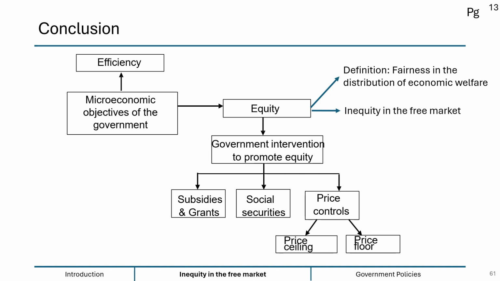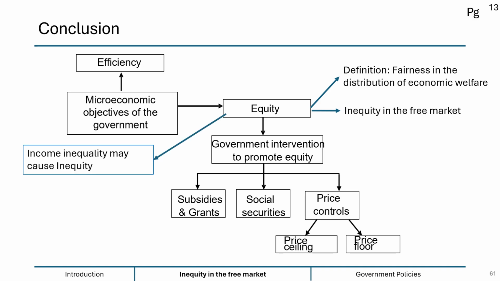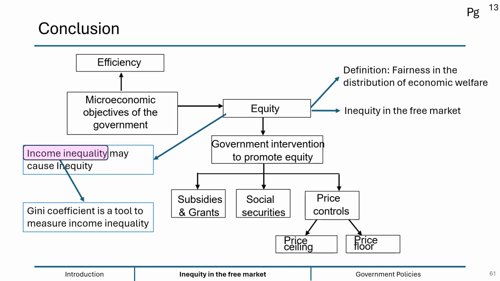Firstly, by subsidies and grants. Next, social securities. Third, price controls, which is further divided into price ceiling and price floor. Then we also learned that income inequality and inequity are two separate concepts, and income inequality may cause inequity. Then we zoomed in on income inequality alone and learned about the Gini coefficient as a tool to measure income inequality. So that was the whole chapter that we did so far.